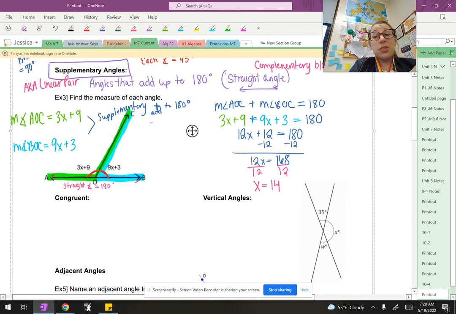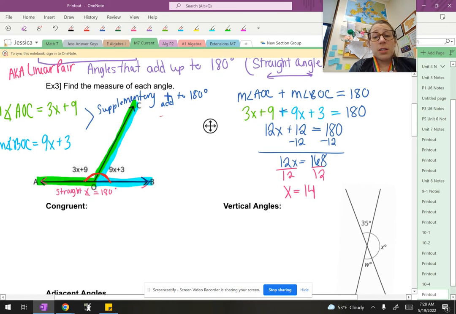And the reason that we know this isn't the measure of each angle, because if we checked that, it wouldn't work. First off, if each of these angles were 14, that would make them equal, and they're not, because you can clearly see they're very different. One has 3x plus 9, the other has 9x. Also, if you did 14 plus 14, that's not going to give you the 180 degrees that it should be.